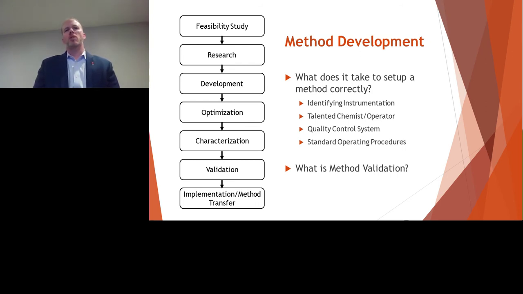So it's important to go out, look in literature, talk to your suppliers. There's a ton of information out there on how to set up your methods, what columns to use, and what some extraction techniques are out there. So you do your book research, and then you have your plan set in motion.